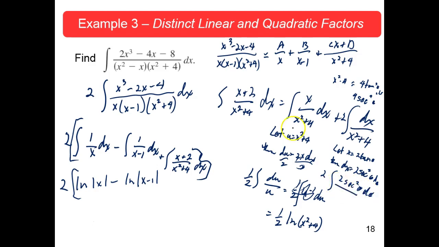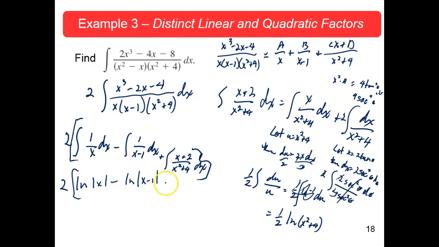And in the denominator we have 4 secant squared theta, right? And guess what? This will be a 1/2 times 2. It looks like just a d theta, okay? So that's just going to be theta. And what is theta? Theta is the arctangent of x over 2.